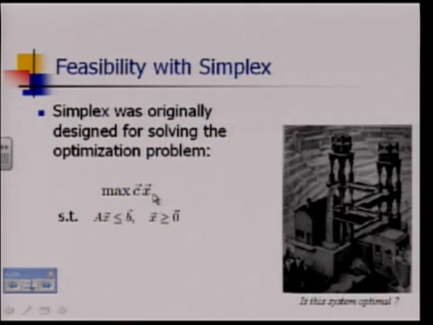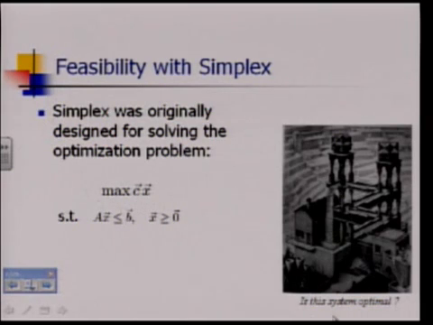That was originally designed to solve this kind of optimization problem where you take the inner product between C and X, subject to AX less than or equal to B, for decision variables X greater than or equal to 0. But one level of difficulty is whether you can even find a feasible solution in this simplex. How are you going to guarantee you can, in fact, find a feasible solution?